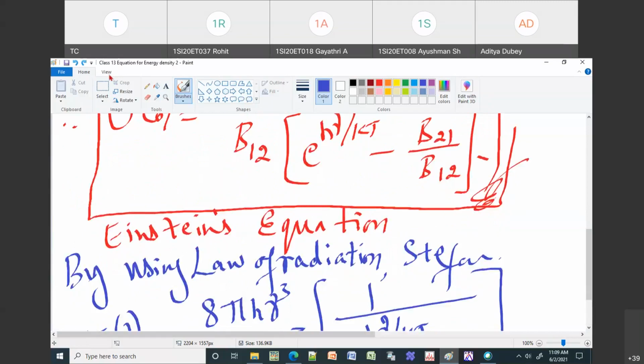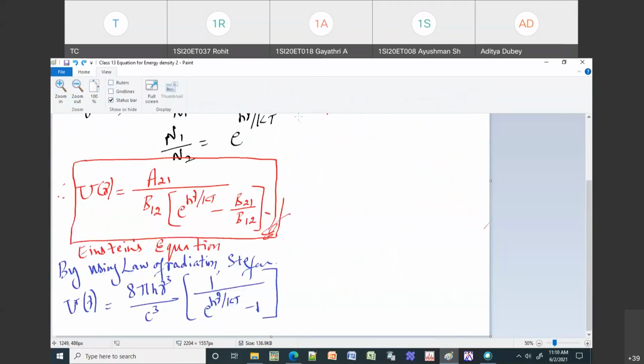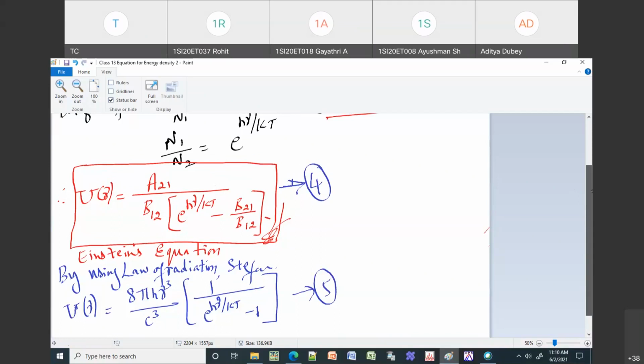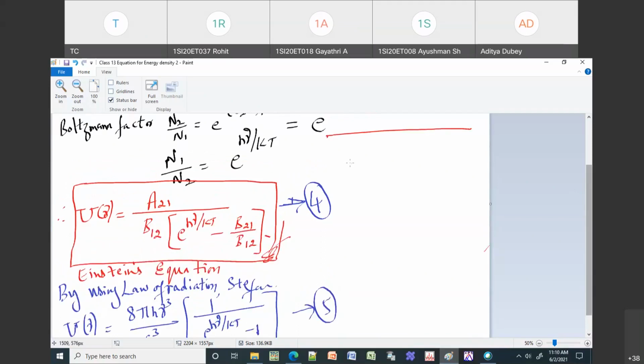So now we are going to compare these two equations. Let us call this equation number 4, and this equation number 5.